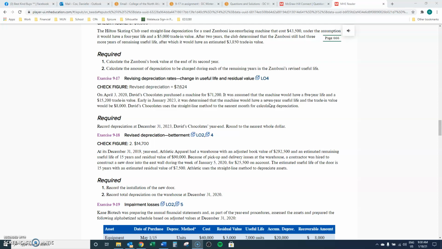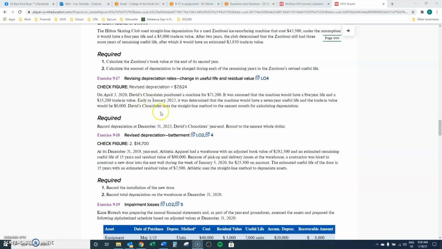That's essentially what you have to do no matter what scenario you're in. Calculate the original depreciation amount based on the original estimates of trade-in value and useful life. Use the original useful life to calculate how much the depreciation would have been in the beginning.